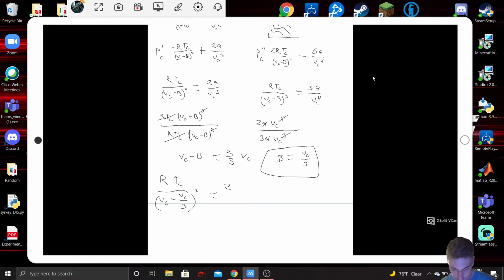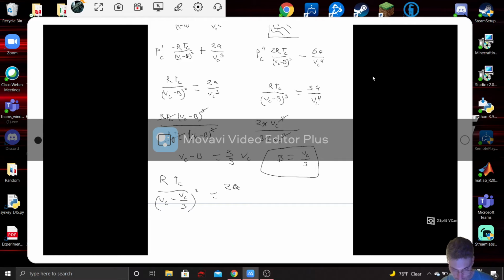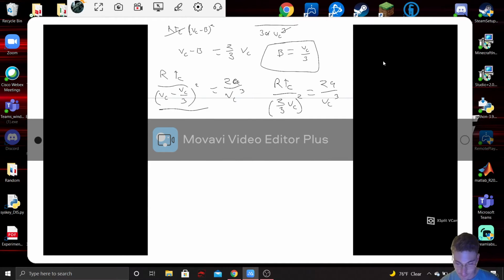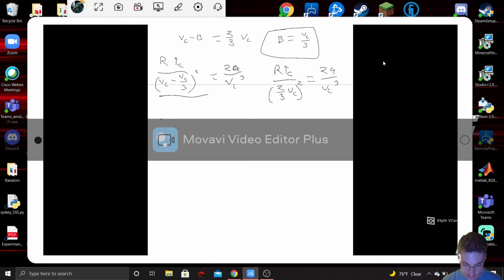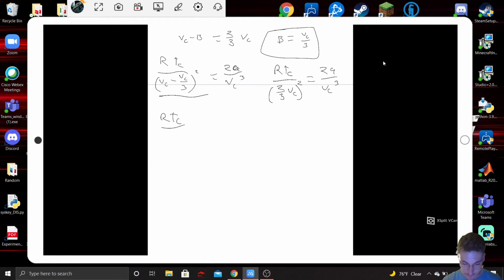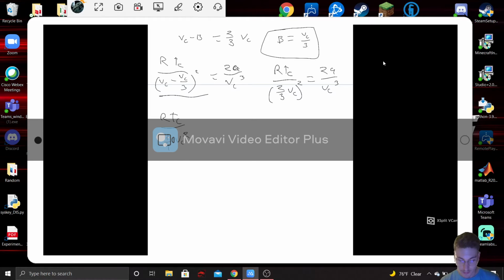equals 2A over VC cubed. It's still going to be squared. So then if we square that, then it becomes RTC over 4/9 VC squared is equal to 2A over VC cubed.